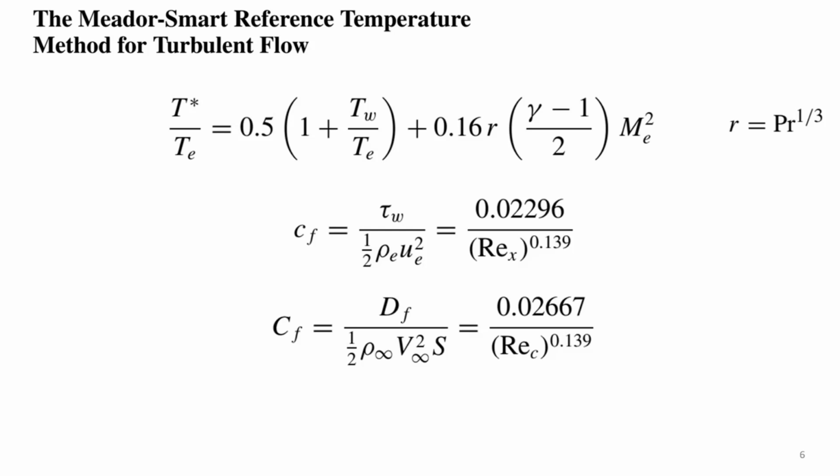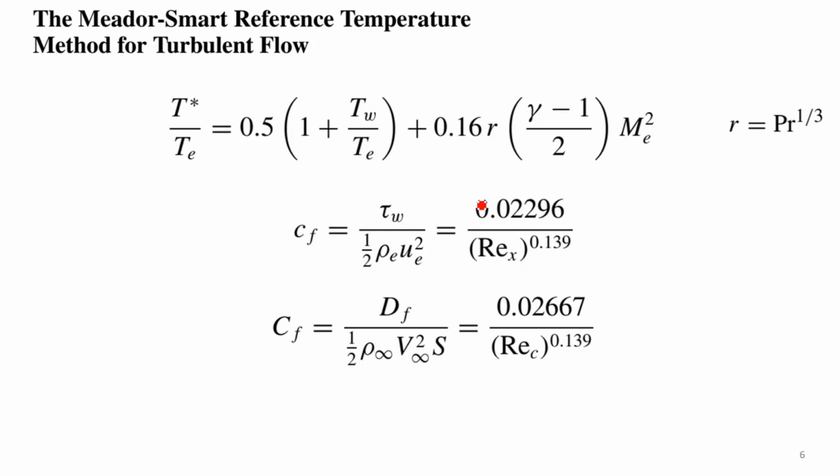Okay, same thing we have for a laminar flow. Unfortunately, I could not present this to you last time. I missed this slide. The reference temperature method for laminar flow is the same, just the friction coefficient for this flow will be different.